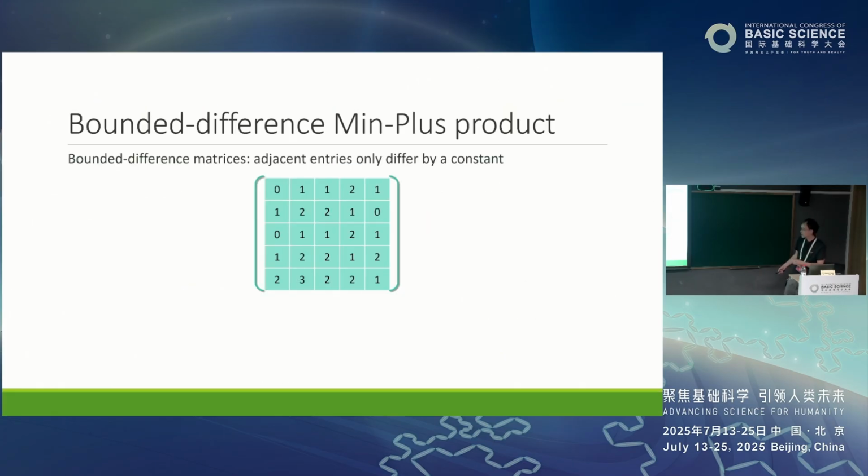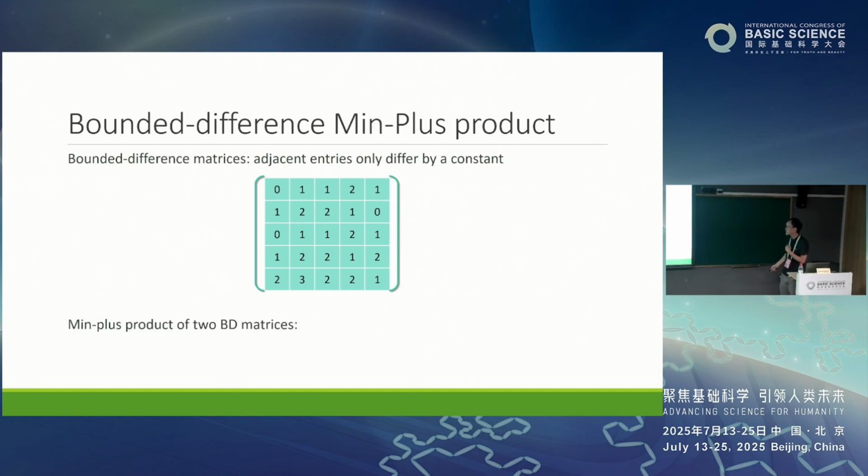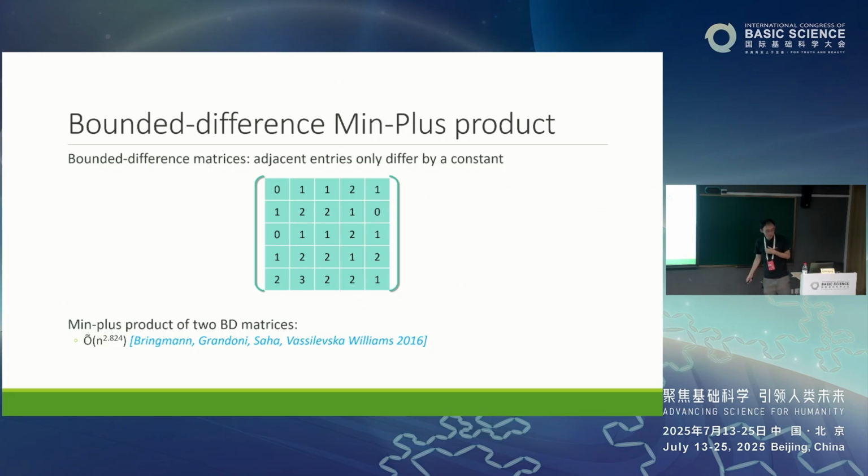Also, there are other problems. For example, the bounded difference min-plus product. Bounded difference means that adjacent entries only differ by a constant, so every two adjacent elements in the matrix only differ by a constant. The min-plus product of two bounded difference matrices can be accelerated by fast matrix multiplication to break n cubed time.